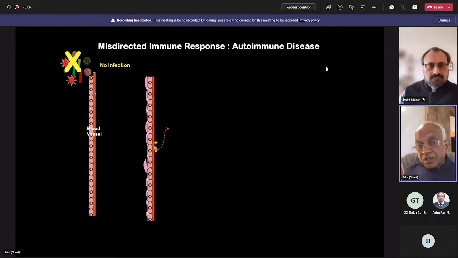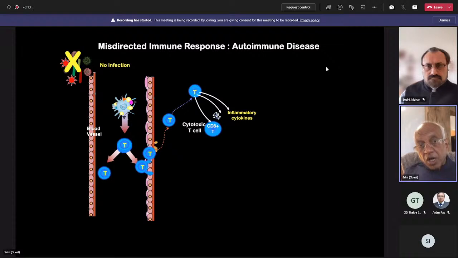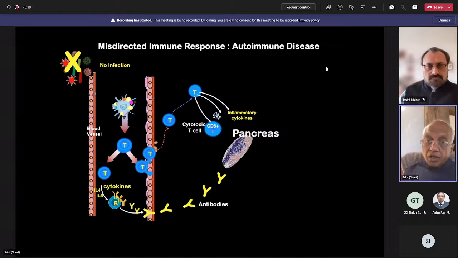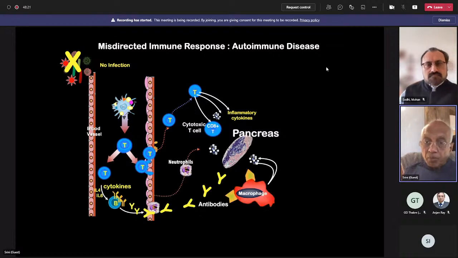But then there are sometimes when the immune system is misdirected. Instead of combating or fighting against the infection, this very powerful immune system can target your own pancreas. The same powerful immune system, instead of destroying the bacteria or the fungus or virus, starts destroying your own pancreas.